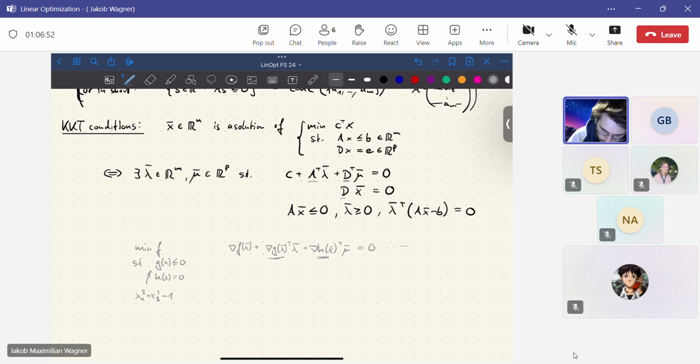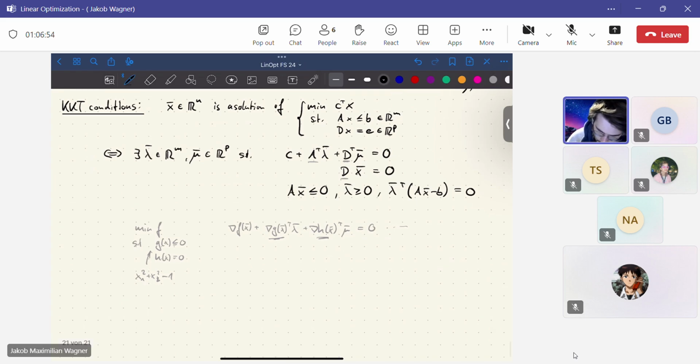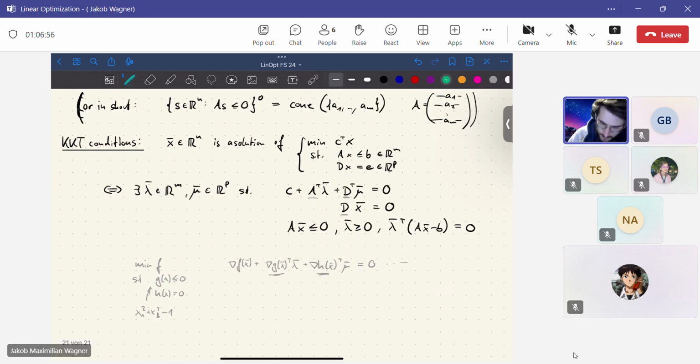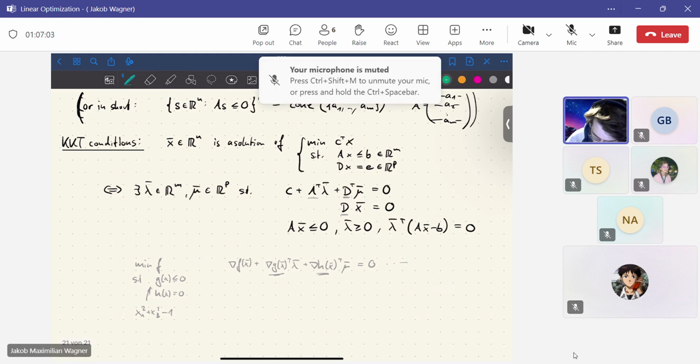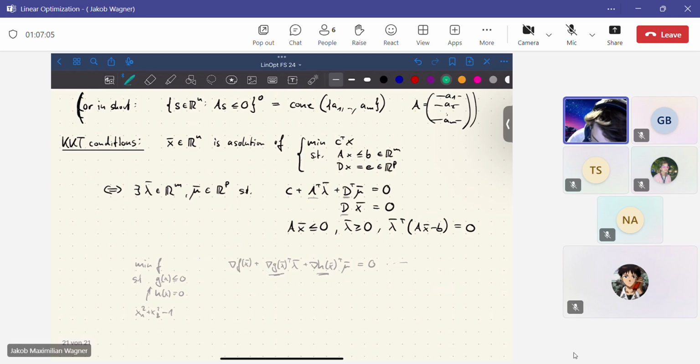Okay, so if you again understand this geometrically, you have here again the feasibility conditions. So D x bar is equal 0, A x is less or equal. Obviously, this should be e and b again, because otherwise it makes no sense. This is b and this is e.